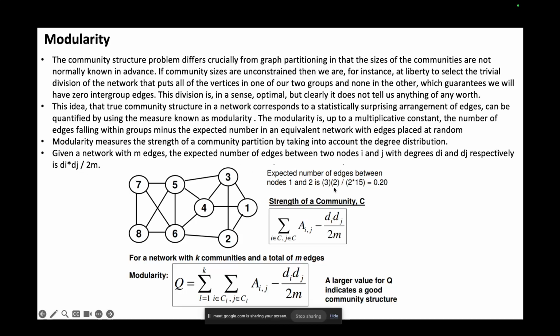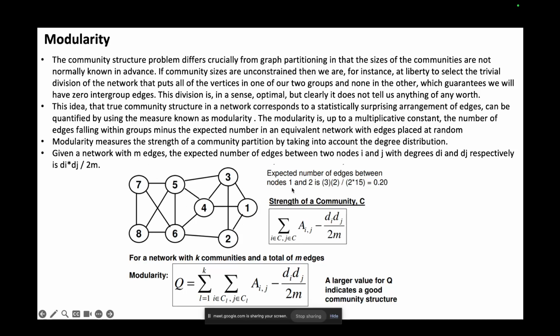So the expected number of edges between, for example, node 1 and 2 is going to be 3 into 2 by 2 into 15. There are a total of 15 edges here. If you count, there will be 15 edges, which is the value of m.